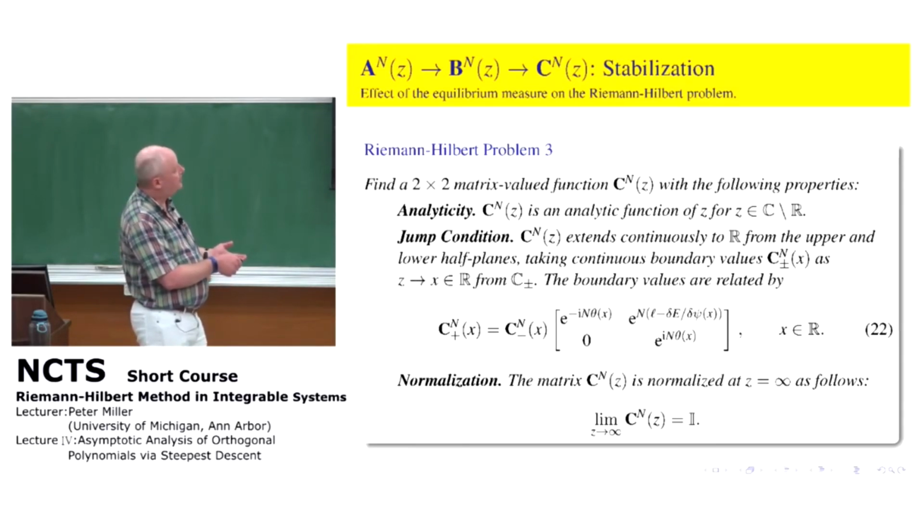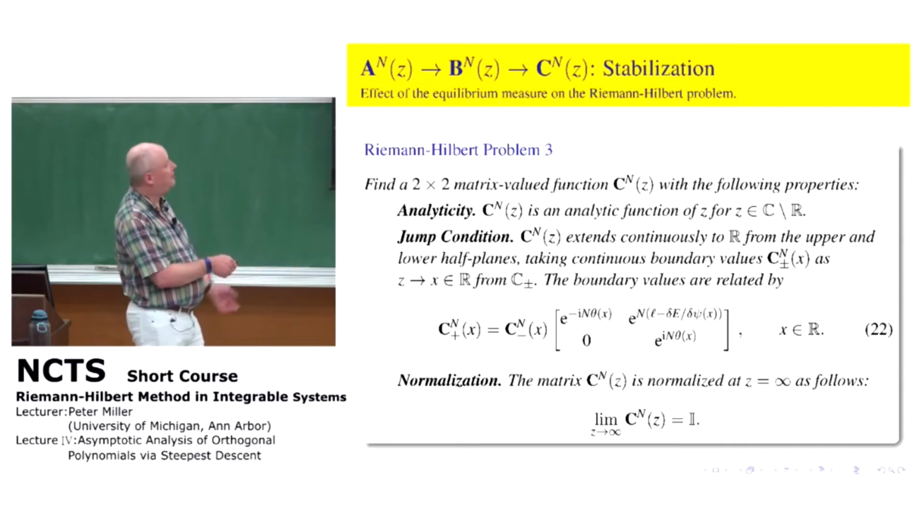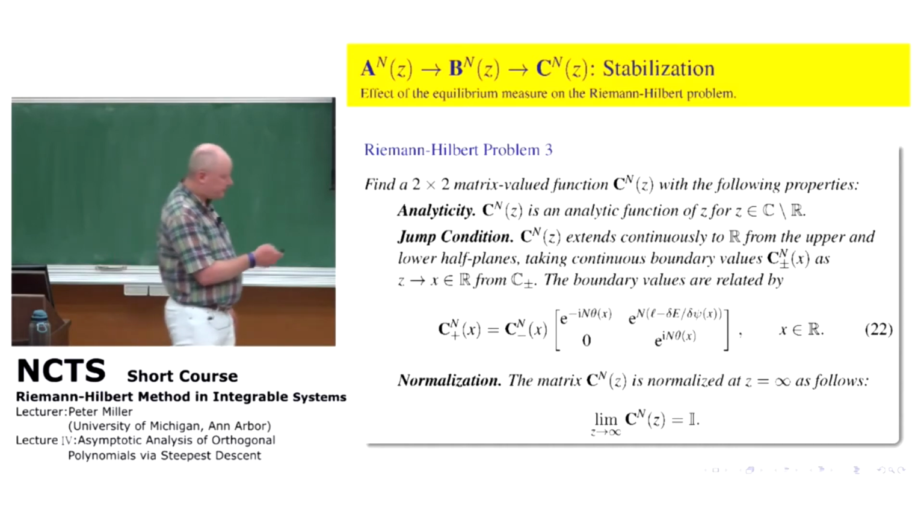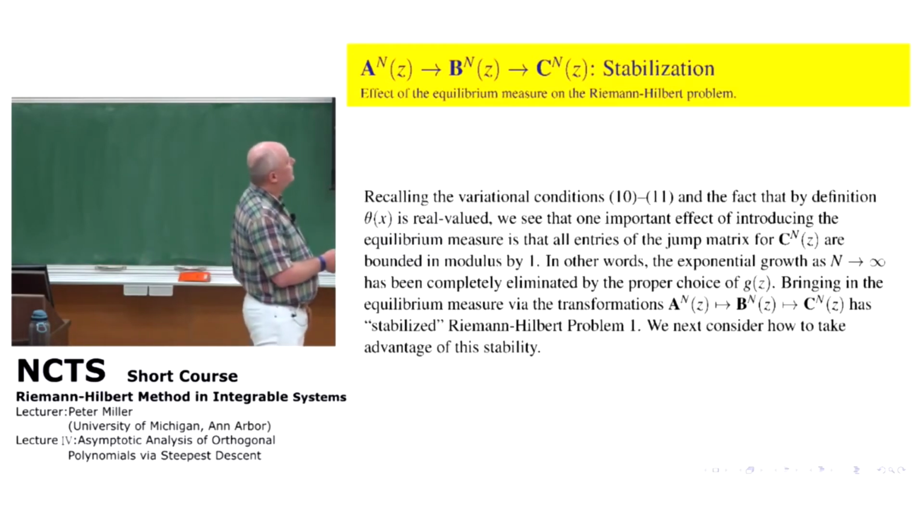So that means that this off-diagonal element is either constant, or 1 for that matter, or it's exponentially decaying to 0 if n is large. And that's the reason why this may be considered a stable problem. Also, here we just have some kind of oscillation. These are bounded because theta is real valued. Okay, so that's the idea.